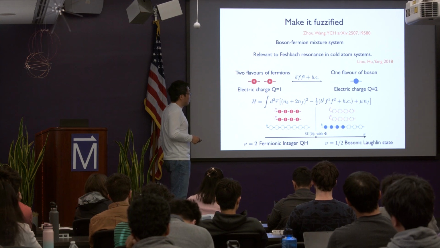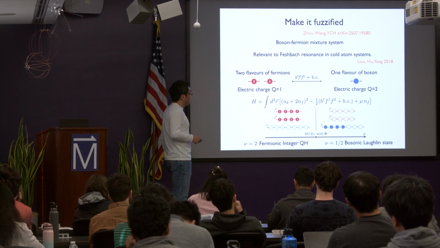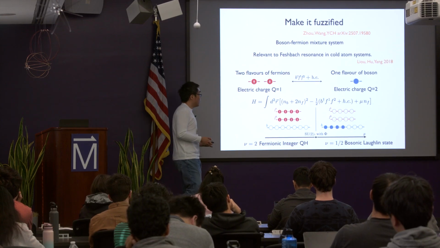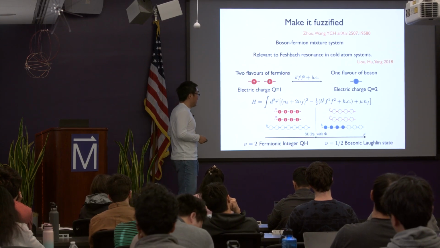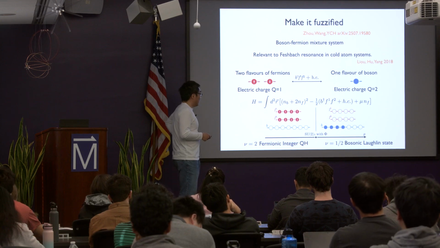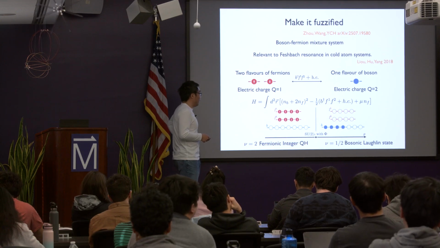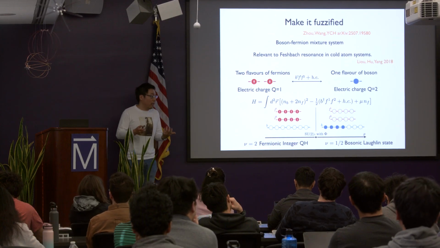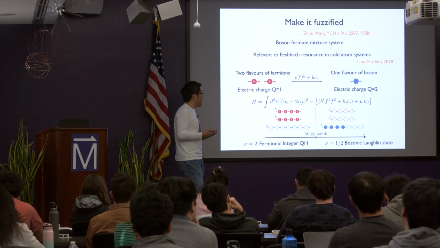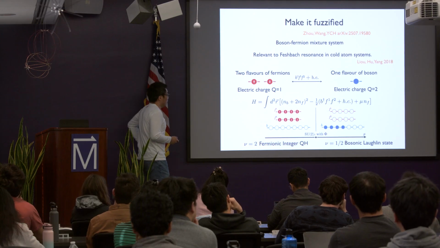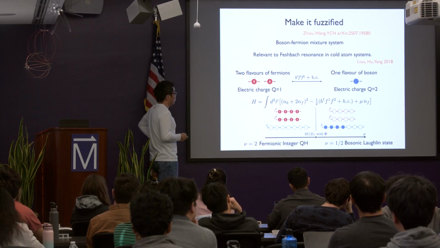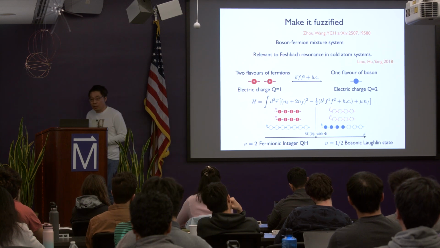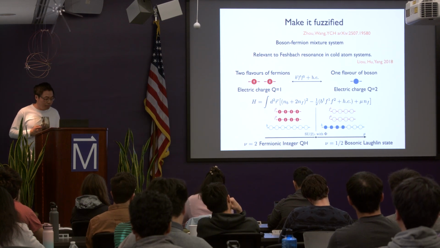Now if the chemical potential is very positive, then all the particles would like to be bosons, and you can easily convince yourself that the filling factor for bosons is 1/2. Then naturally I get the 1/2 bosonic Laughlin state. So you could expect that by tuning the chemical potential, I can realize the phase transition between these two. That's the model.